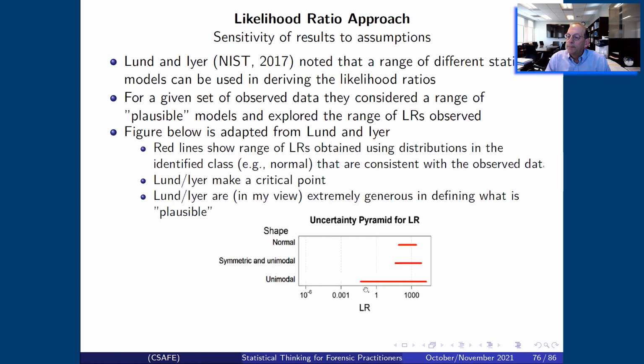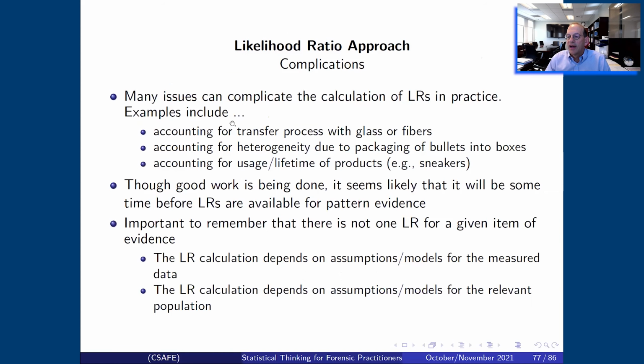So it could even flip below 1, which is very significant because above 1 it favors same source, below 1 it favors different source. And so they were very concerned that different assumptions about the model could lead to very different likelihood ratios. Very important point they made. My critique of their work is only that they were very generous in deciding what was plausible when they got this result.